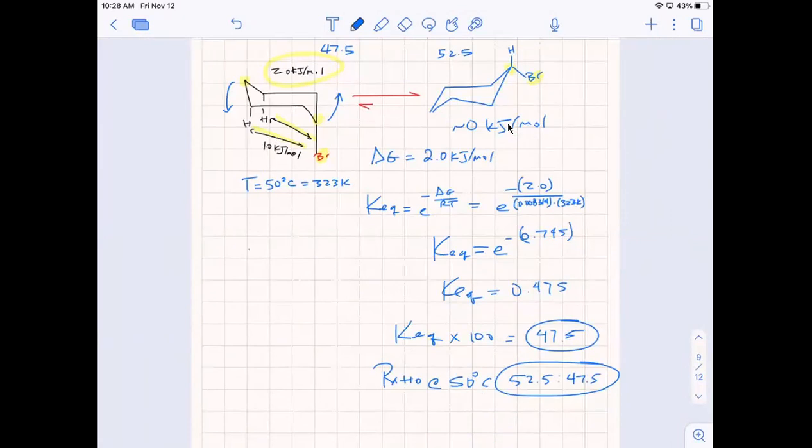No, that's actually the lower number. The ratio for the higher energy one, that's what we get by taking KEQ and multiplying it by 100. It's going to be the lower number, basically the denominator, because remember, KEQ is products over reactants. So when you apply this method, you're always going to get a smaller number first.